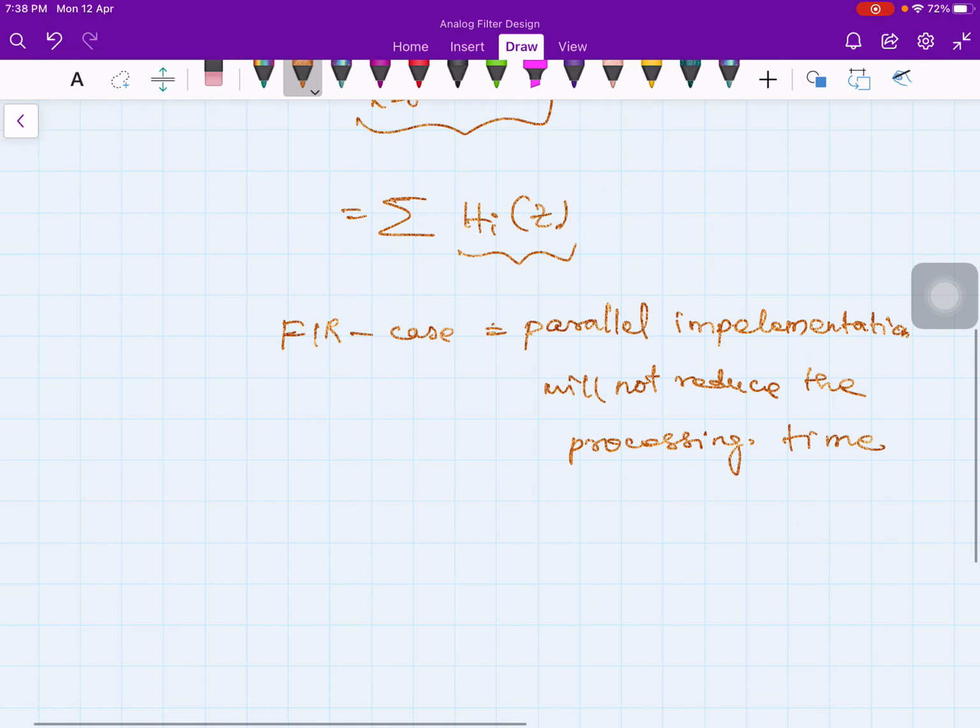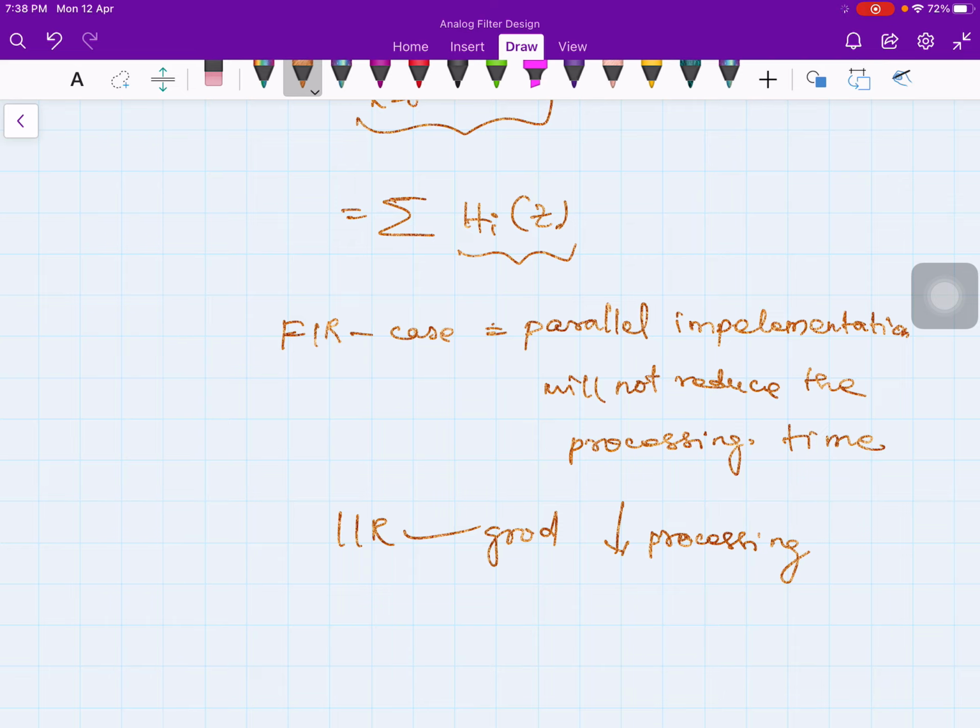But this is not true in IIR. IIR, it is good, reduces the processing time. But in FIR case, it will not help us in any way. However, even though it is not helping us to decrease the processing time, we are going to discuss it.